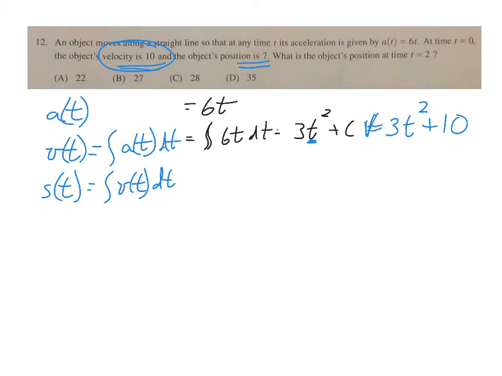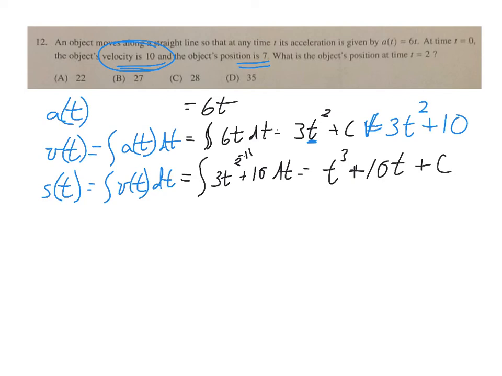So now I'm going to go down to the next one here, and let's find position. So I'm going to take the antiderivative now of 3t squared plus 10 dt. So antiderivative rules, I'm going to add 1 to the exponent, divide by that new exponent. So that just becomes t cubed plus 10t, a little sloppy here, plus c.